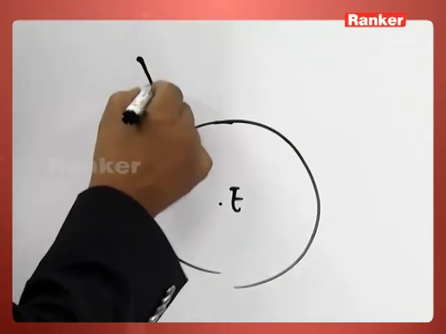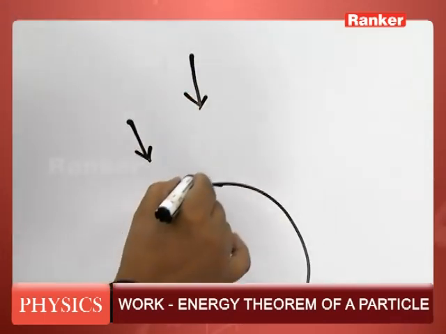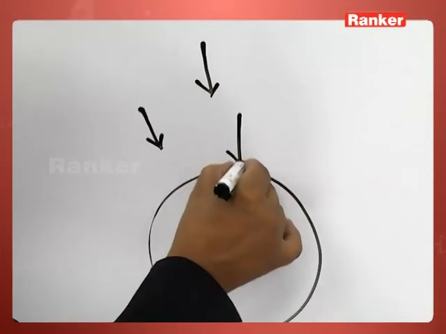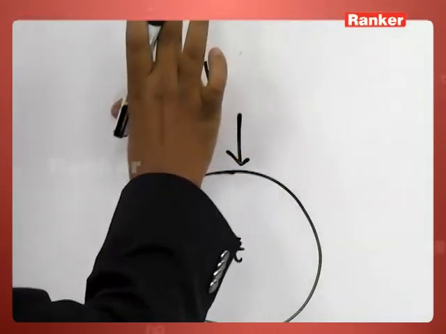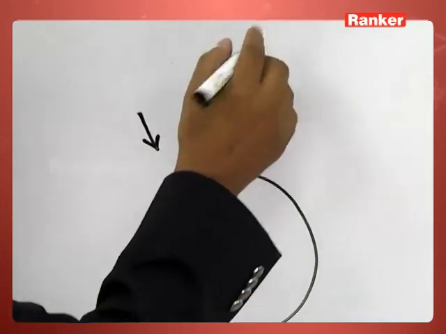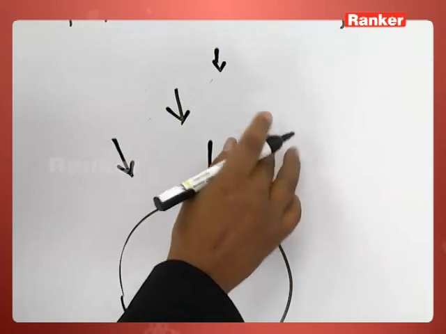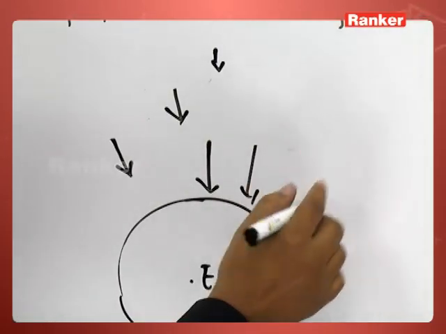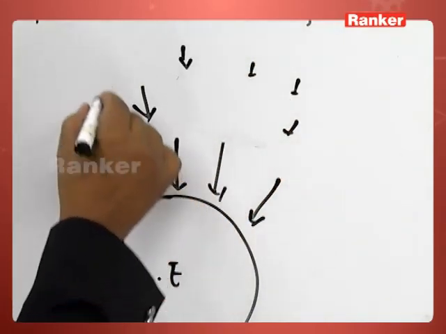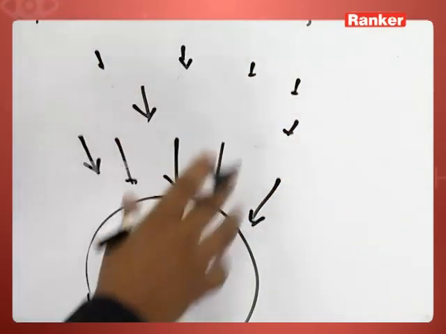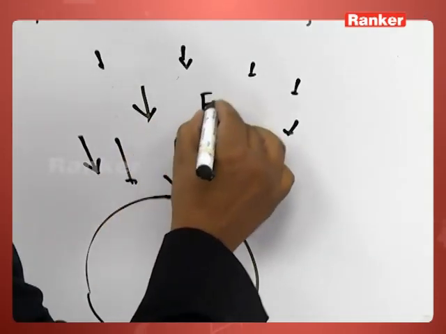Here I can say that there is a gravitational field. If I place a body here, there is a gravitational field. If I place it here, a gravitational field. So you see here, very near to the earth the force field is more, and as you go away the field is less. Such a field will be called the gravitational field of Earth, that is a vector field F.